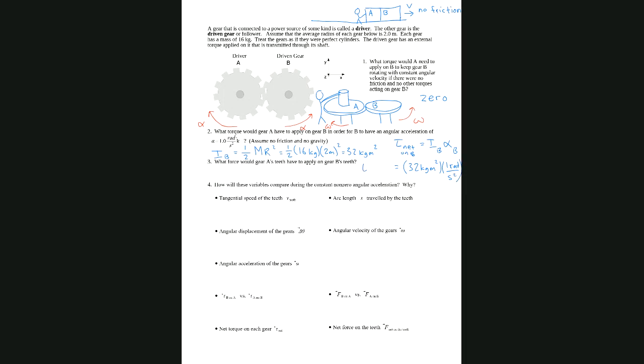Okay. Now what torque is this? It's the net torque on B. But assuming that the shaft of B does not exert a twisting force on B, then the only thing in contact with B that could exert a torque is A. So the net torque on B will be caused by A. That's going to be 32 Newton meters.